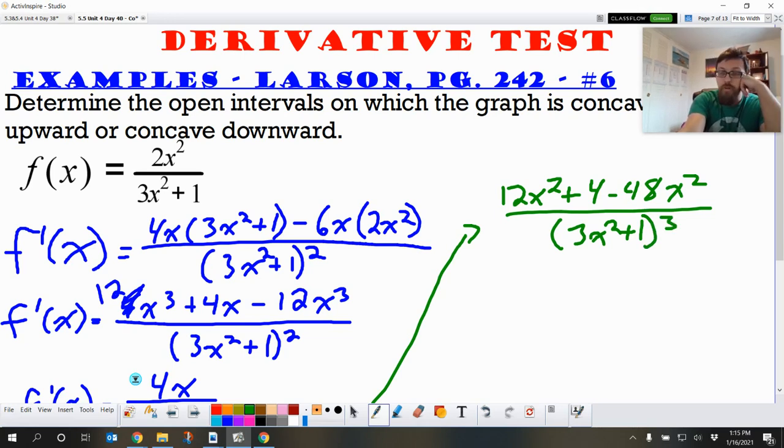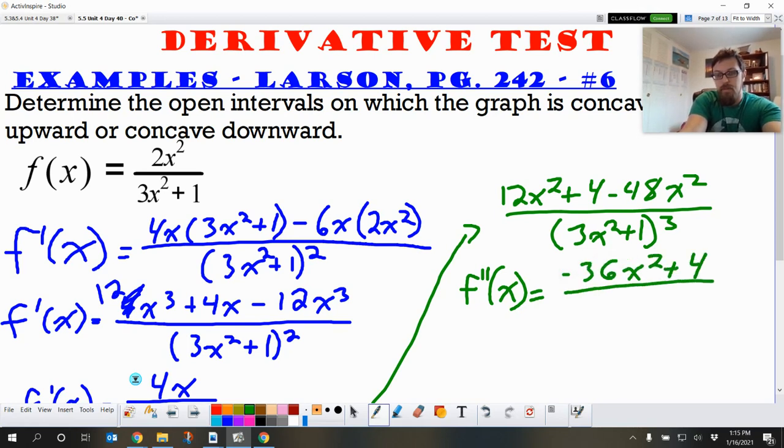Okay. A little more simplification of that numerator. We get f double prime of x equals negative 36x squared plus 4 all over (3x squared plus 1) cubed.